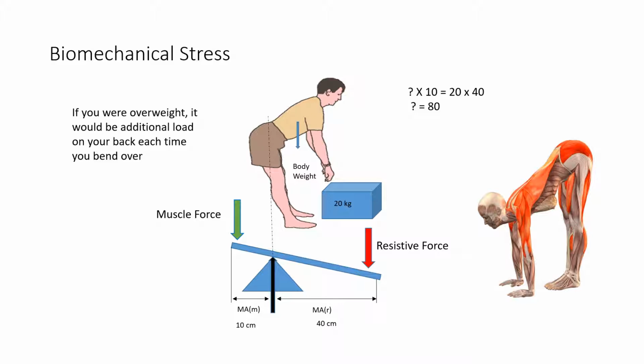You can see when we ask the person to bring the box closer to the body, it will decrease the moment arm, because moment is a result of force and moment arm. When the box is closer to the body, we have a smaller moment arm, so we have a smaller moment, and the muscles need to produce less moment to counteract the moment of gravity.